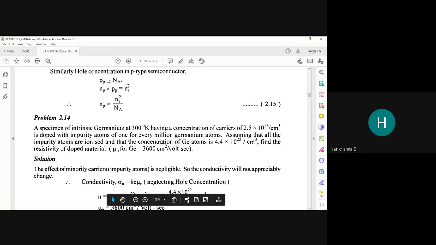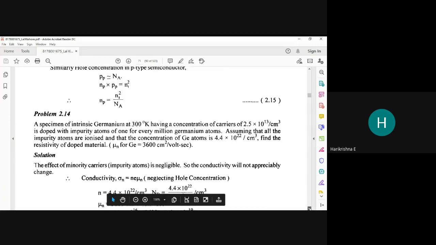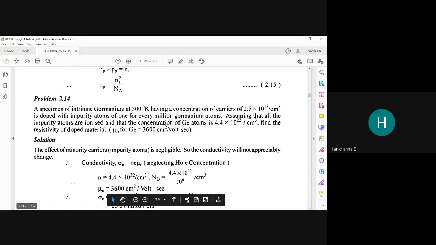That's why the formula is Ne into mu n. N can be calculated here: the concentration is 4.4 into 10 power 22 per centimeter cube. And it is given that for every 10 lakhs, it is 10 power 6.